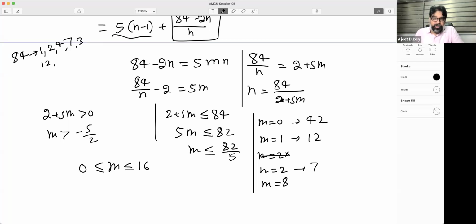So 40 plus 2, 42, satisfies. Any other value satisfy? I don't think so.